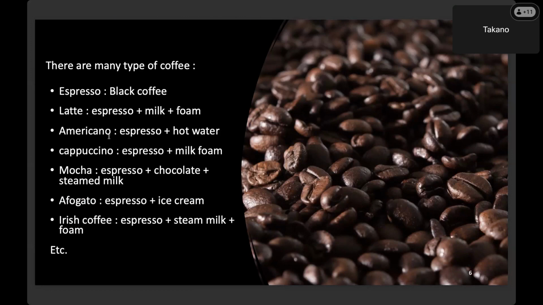So the value is to improve this taste, and then maybe find one technique to brew espresso coffee.